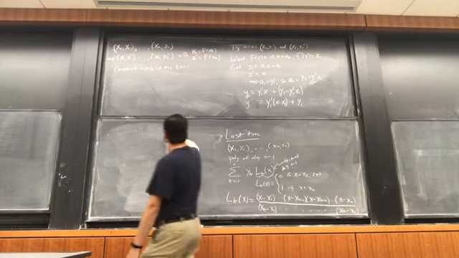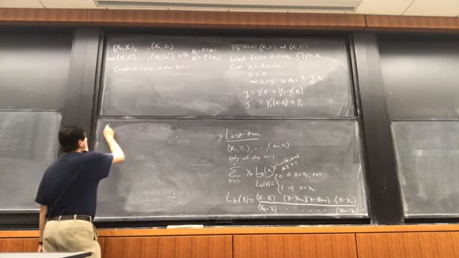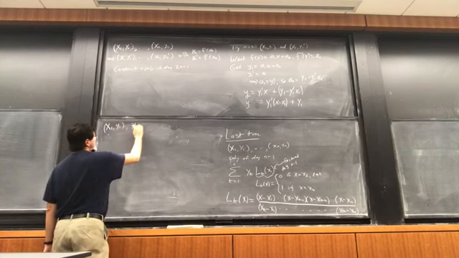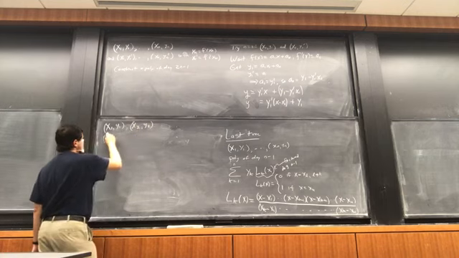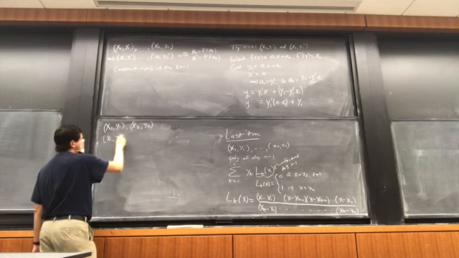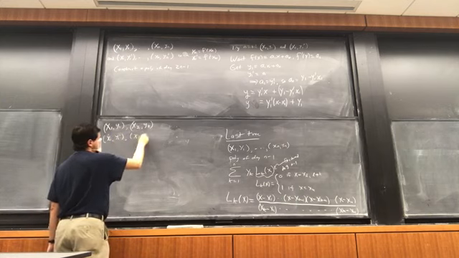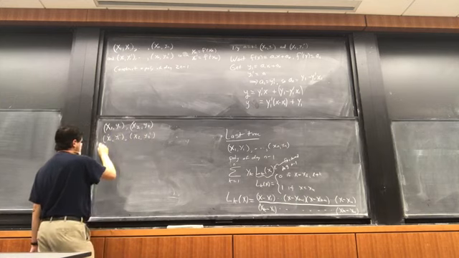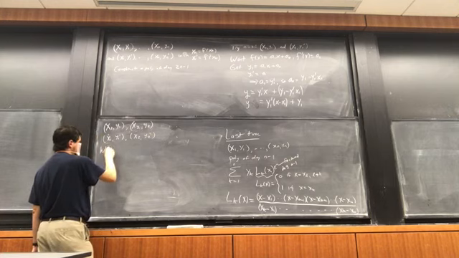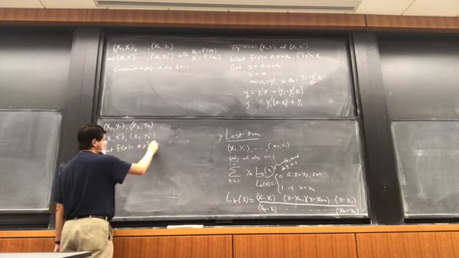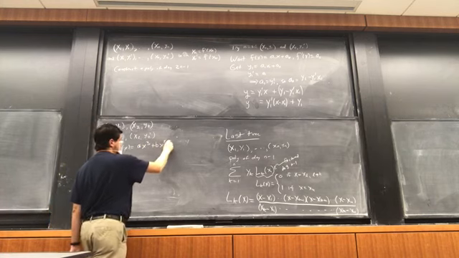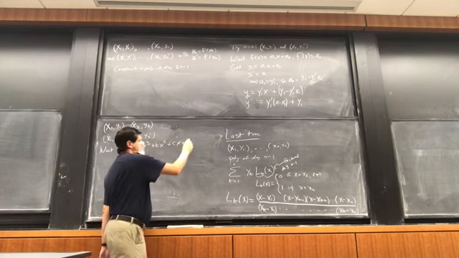So the question now is we have x1, y1, x2, y2, x1, y1 prime, x2, y2 prime, and we want f of x is ax cubed plus bx squared plus cx plus d.